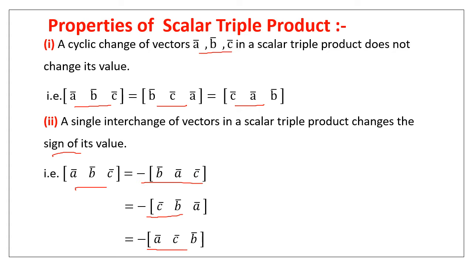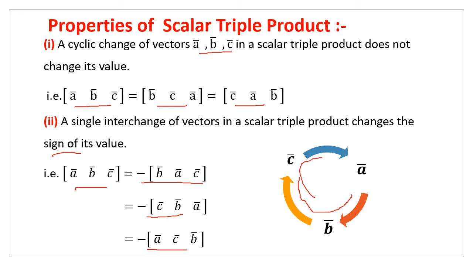See the graphic, students. If we go to a bar, b bar, c bar or b bar, c bar, a bar, the scalar triple product does not change. But if we change the direction to a bar, c bar, b bar, then its value changes with minus sign.